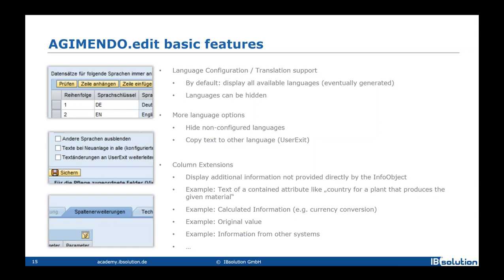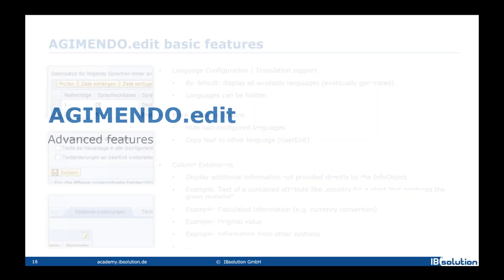We will see later what they are. Simply put, a column extension is a column that doesn't exist in the master data table, and that we simply add in order to get more information. A simple example is if you have two amounts as attributes, you may build an additional column to have the sum of it or the difference of the two. It's, of course, at your discretion to choose what you want to do with column extensions.